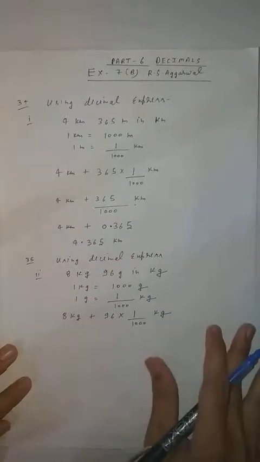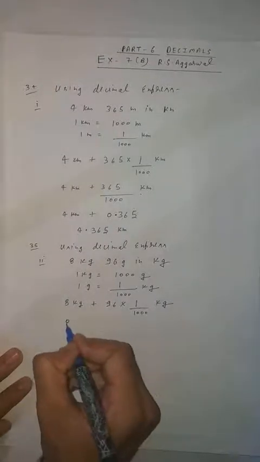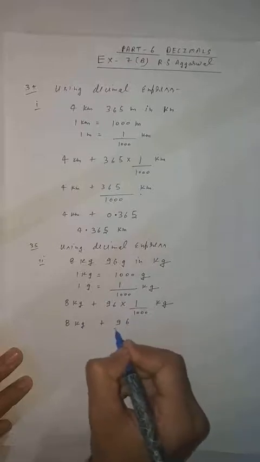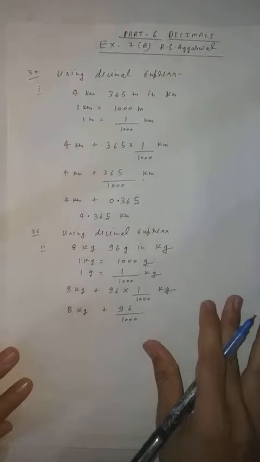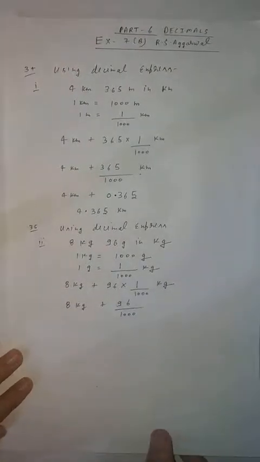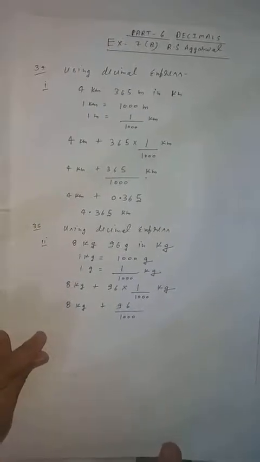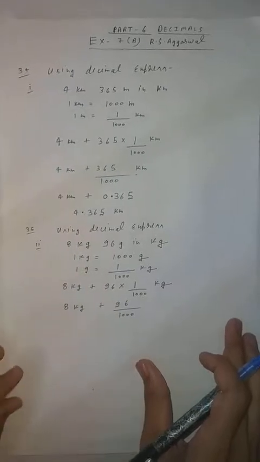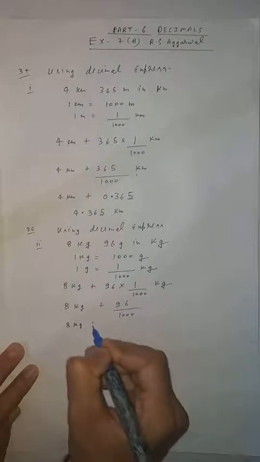Now 8 kilogram you write down the same, no change, plus 96 upon 1000. Again you know that after the decimal there should be only 3 digits, because 1000 is given. So write 8 kilogram, plus 96.